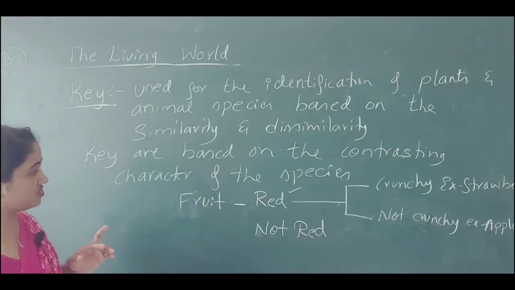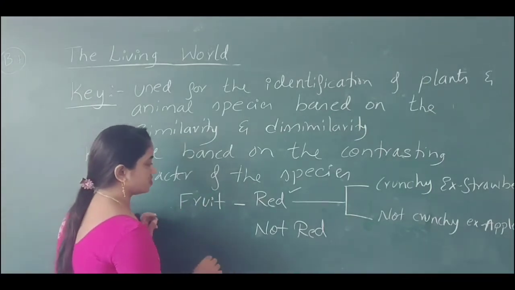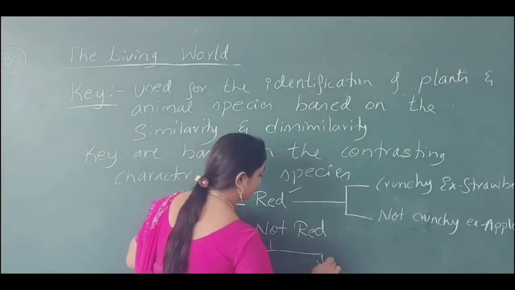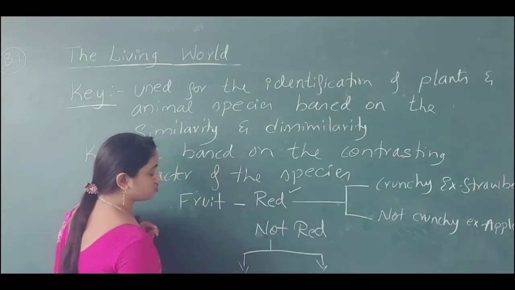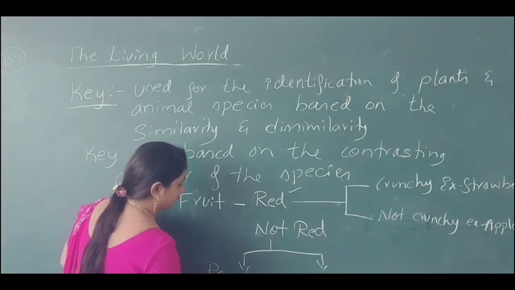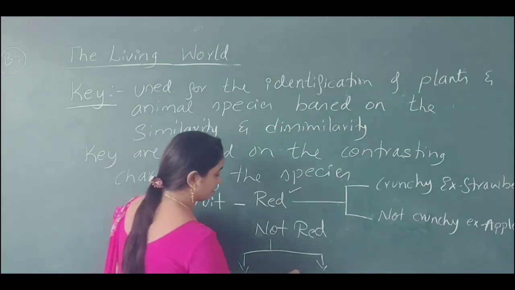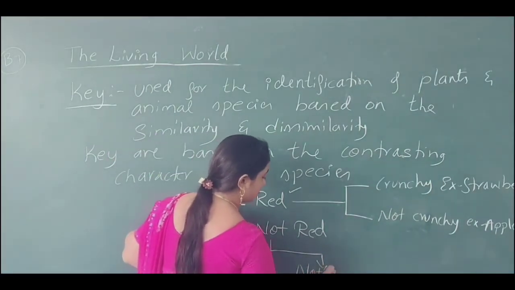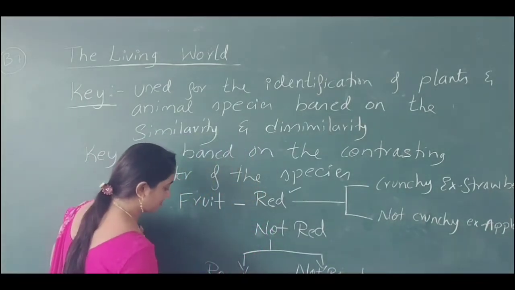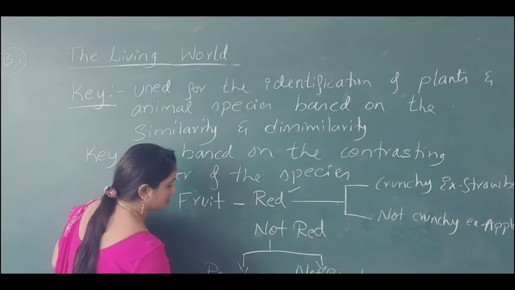And as I told you in the first class. If it is not red, you have to go to the next two statements, that is, you have to check whether it is round or not round. If it is a round fruit, maybe it is an orange.